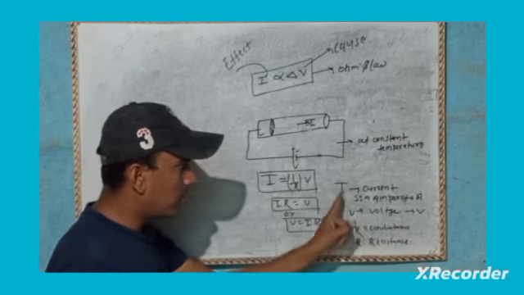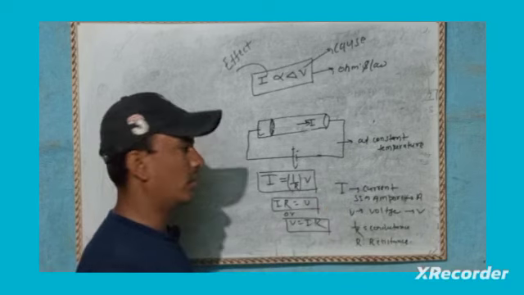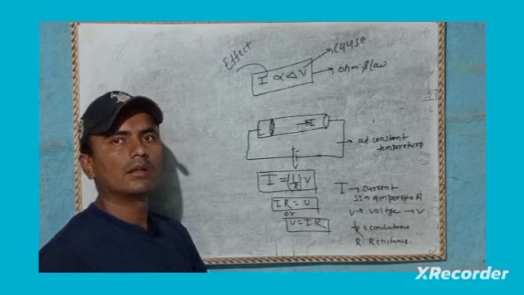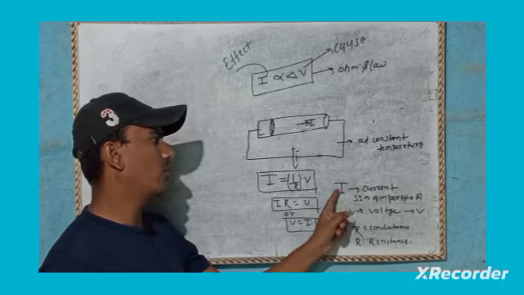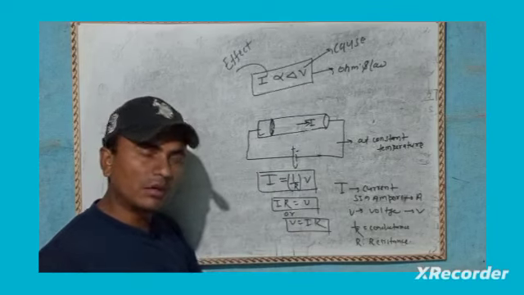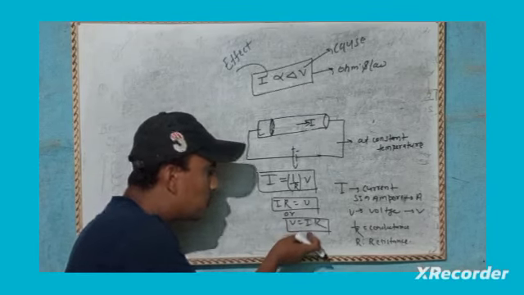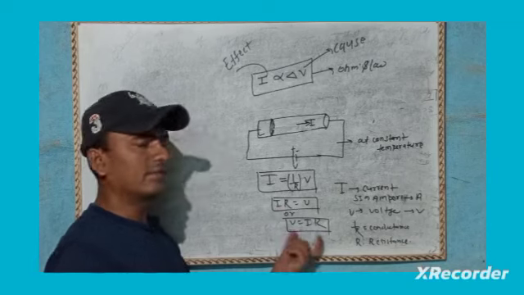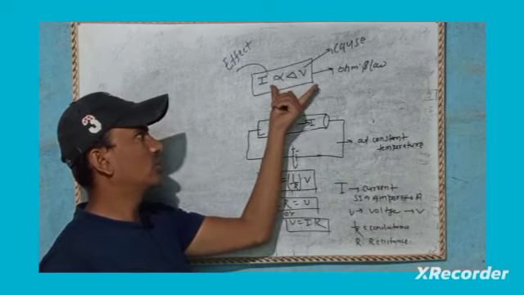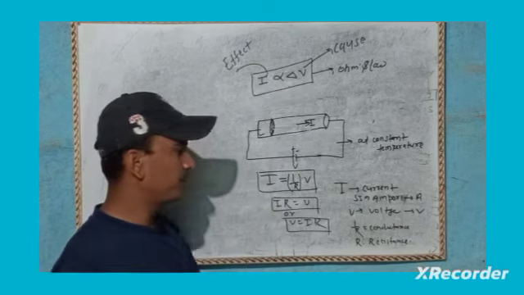Resistance does not depend upon the voltage and current; it depends upon the material. According to experiment, resistance does not depend upon voltage and current, though in the formula it is considered so.